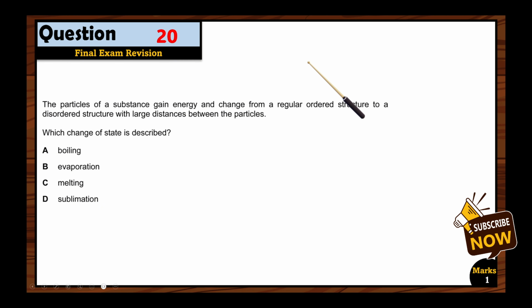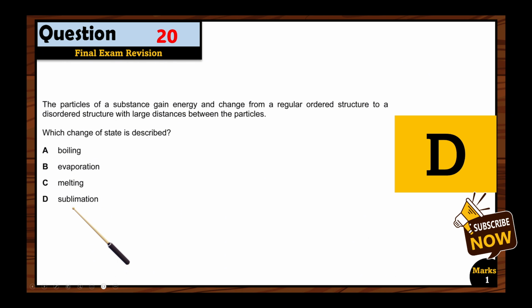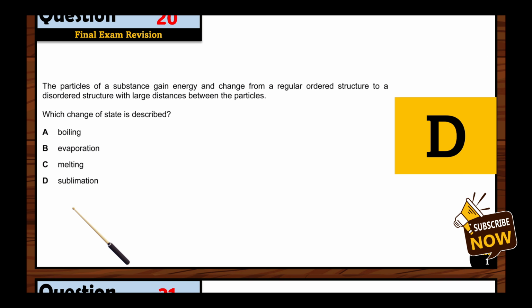When the solid is converted into a disordered structure with a large distance, they are talking about the gas. When a solid is converted into a gas, the process is actually sublimation. You need to remember these processes, okay? So sublimation is the right answer.